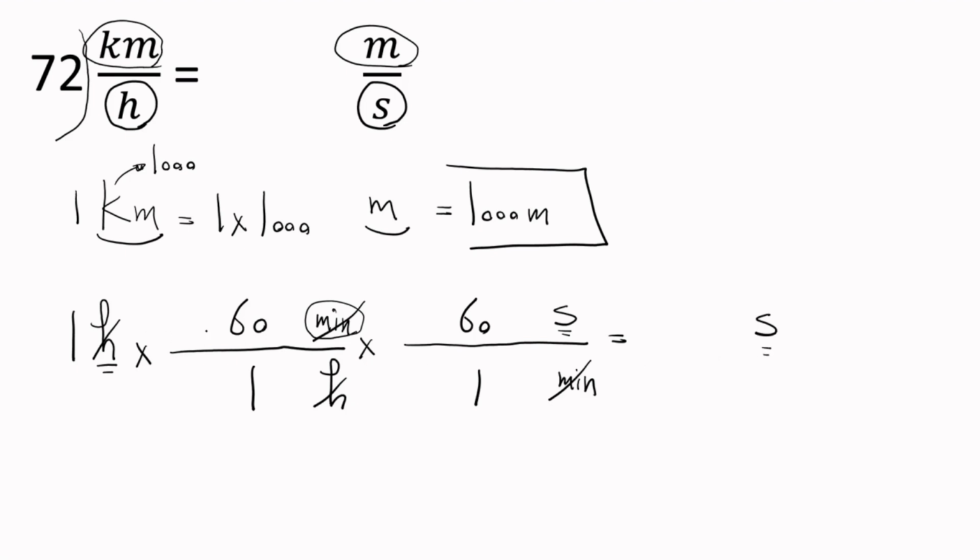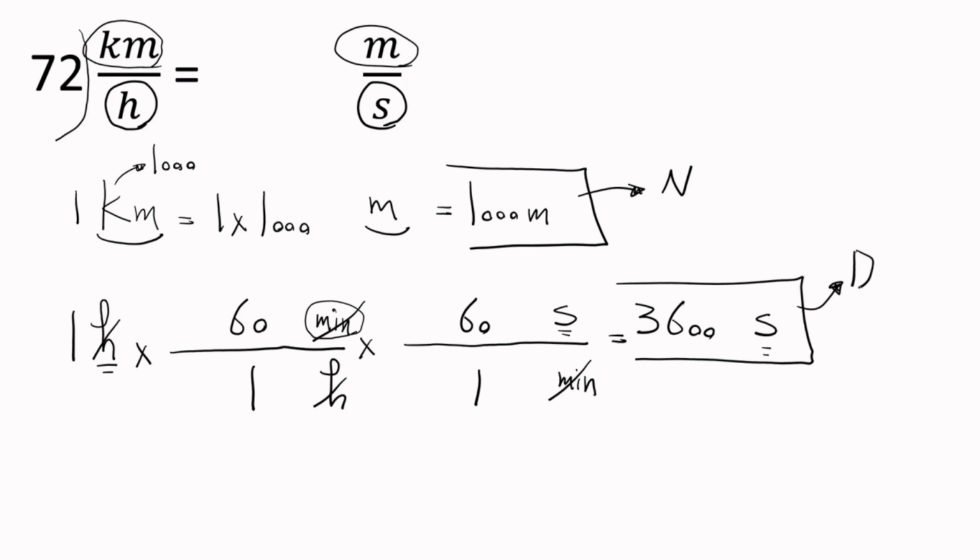1 times 60 is 60. 60 times 60 will be 3600. So I have 3600 seconds. So this one was for numerator and this one was for denominator, right? And I had 72 that I told you to put aside. Here we need that 72. So I'm going to write 72.